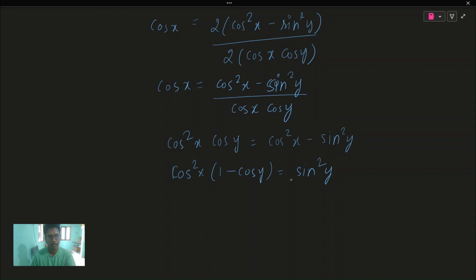So I would get cos square X dot 1 minus cos Y is equal to sin square Y.